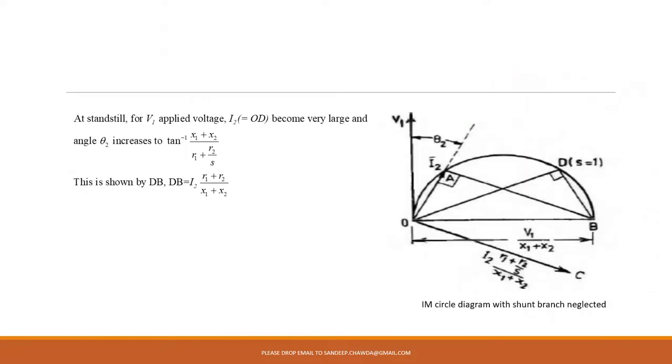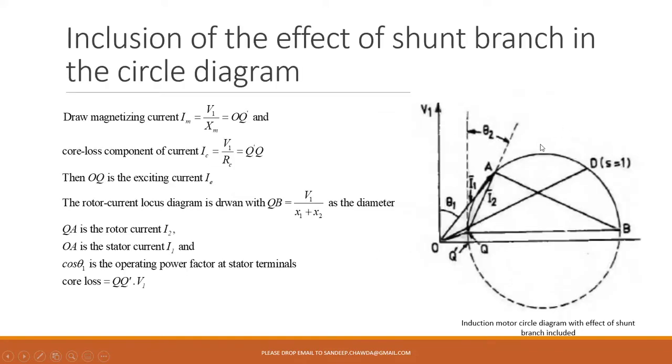At standstill condition, when the applied voltage is V1, your current I2 will be very large, and your theta 2 will also be increasing. Here I2 will be given by OD.